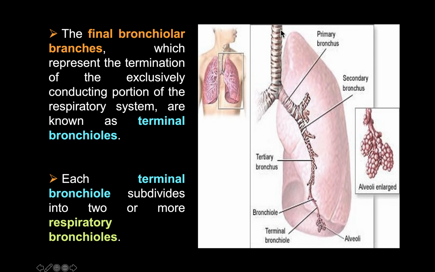So this is the trachea, the main bronchi, then the lobar bronchi start to divide, then we have secondary, tertiary, then we reach the level of the bronchioles, and we have primary bronchioles, and finally the terminal bronchioles, which are considered part of the conducting portion.